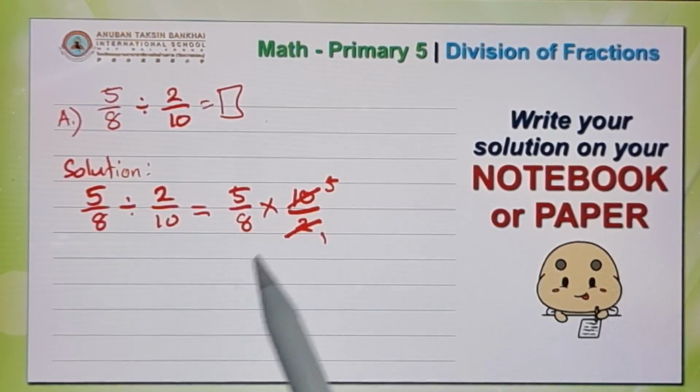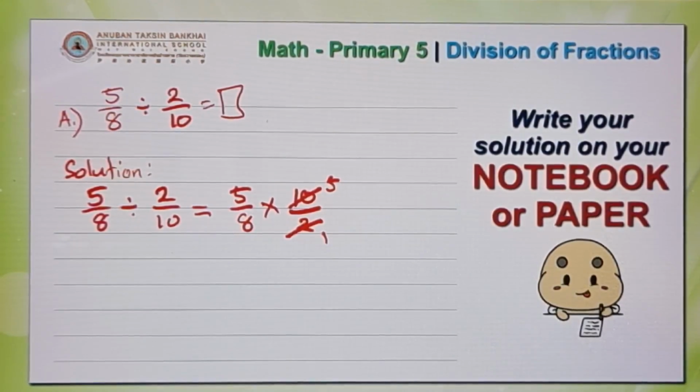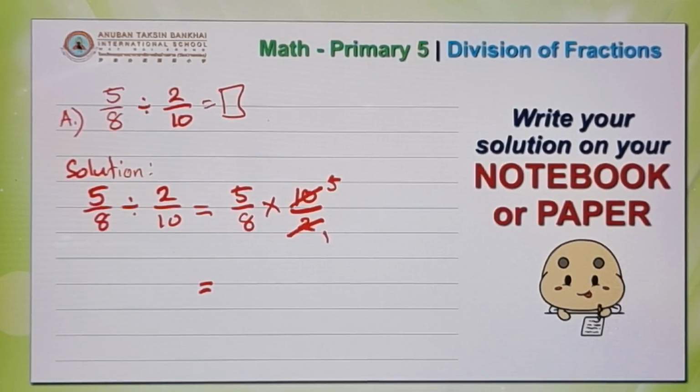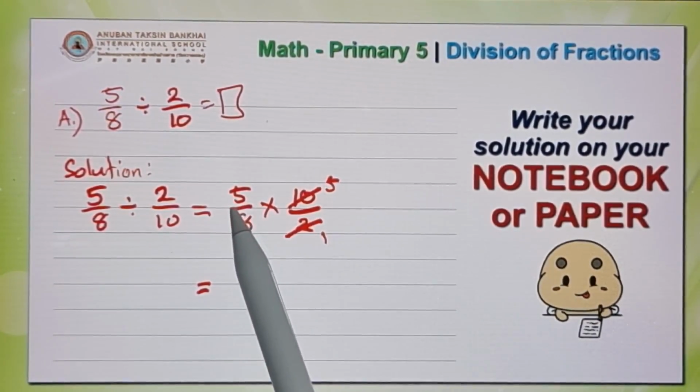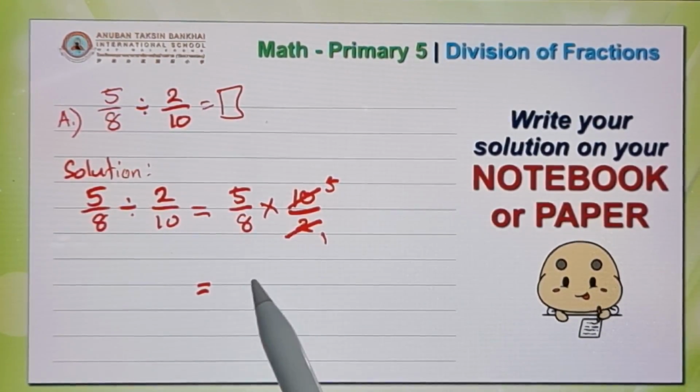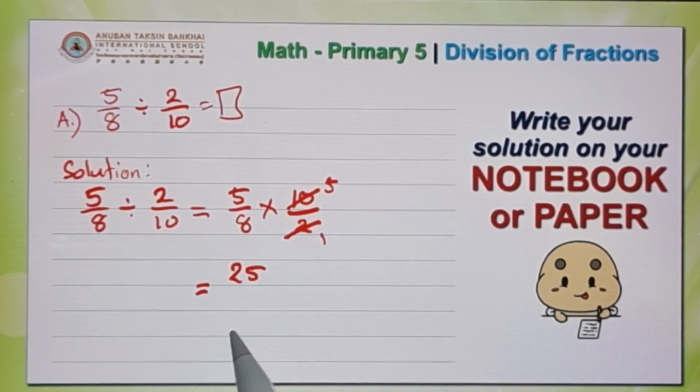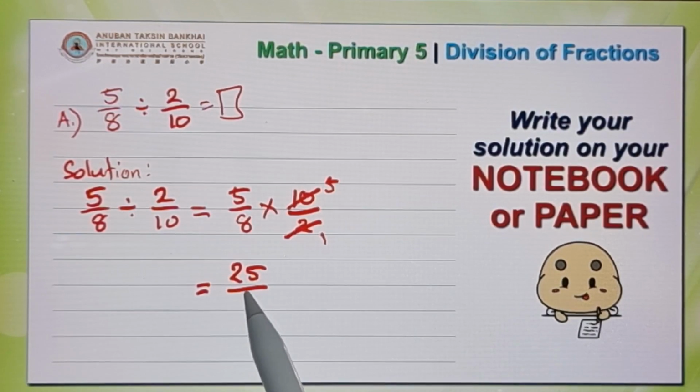Can we cancel again? No, we cannot cancel anymore. So let's just multiply these numbers. 5 times 5, we have 25. 8 times 1, we have 8.